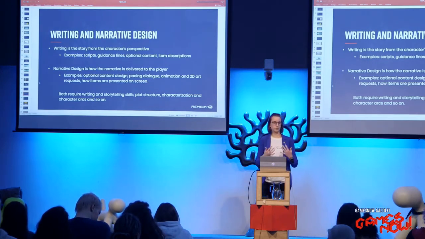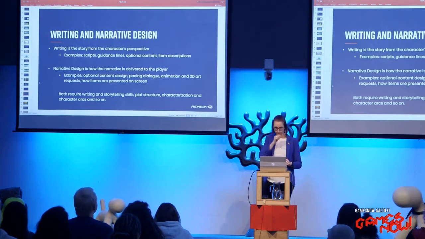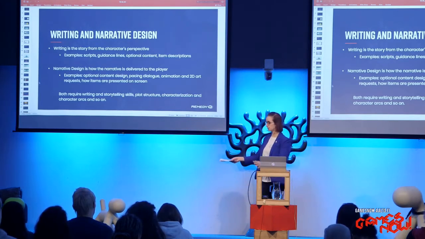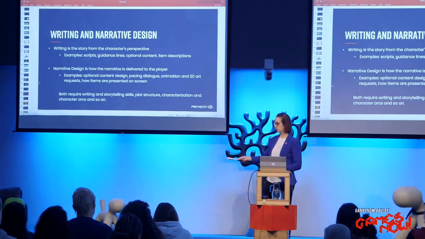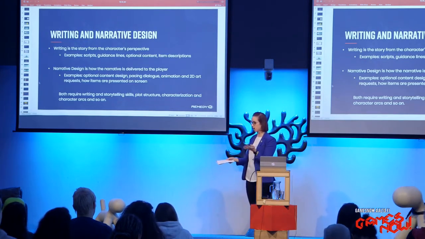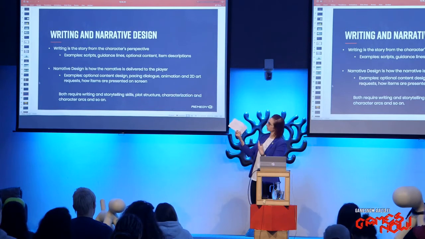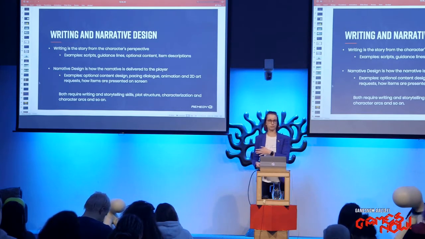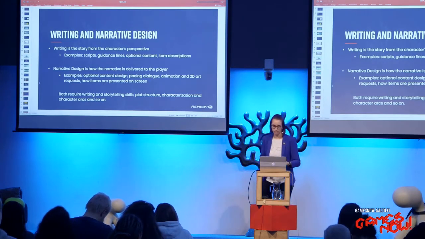Or how items are presented on the screen to the player. Or how interacting with a document works. So if there's a document here, is there an interact button on it? And if so, if I walk over and interact with it, what happens? Does it pop up and I can look at it, or does it go into my inventory? That's the kind of step-by-step thing that narrative designers may think about in collaboration with other people in the team.